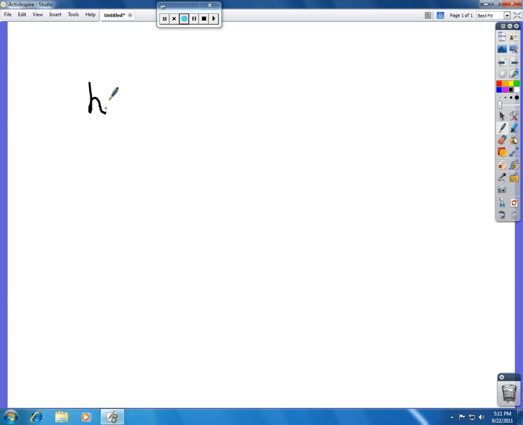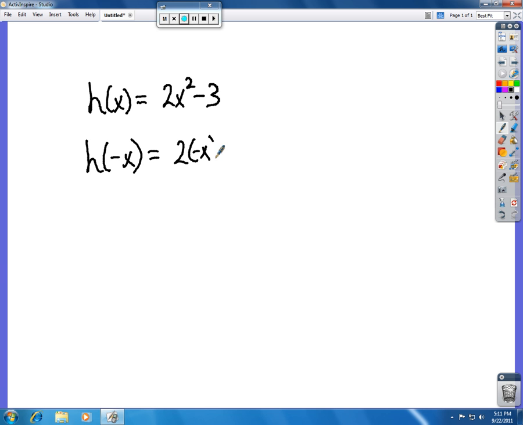Now let's look at this one. Again, we're just going to plug in a negative x. So we're going to have 2 times negative x to the second power minus 3. And since it's raised to an even power, that's going to mean there's an even set of numbers being multiplied together.